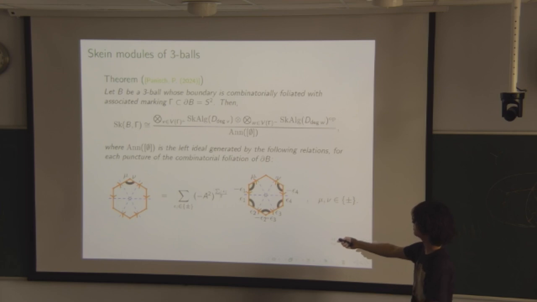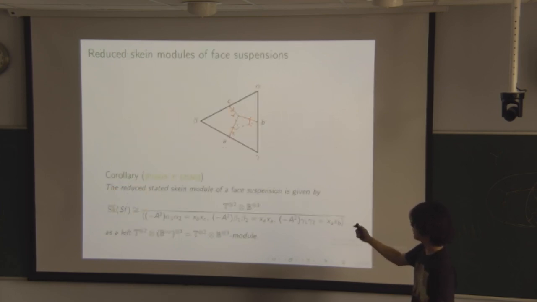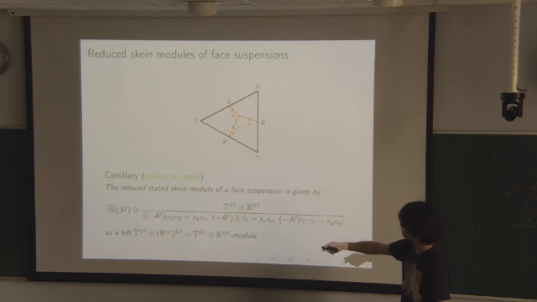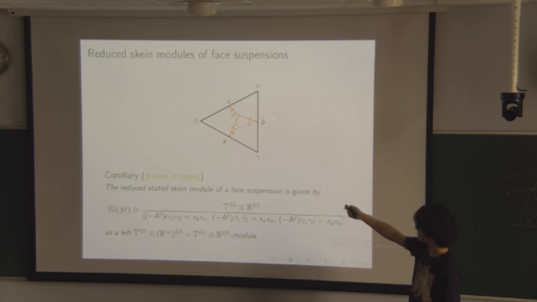So we have a structure theorem, and in particular, if we apply that to the reduced skein module of a phase suspension, we have this nice presentation of the reduced stated skein module of a phase suspension. It's a tensor product of two triangle algebras and a tensor product of three biangle algebras modulo these relations.